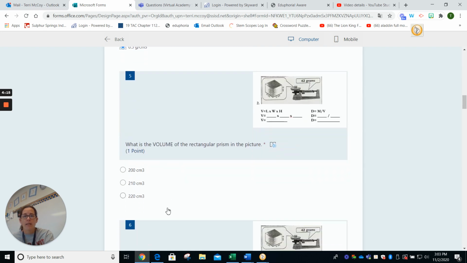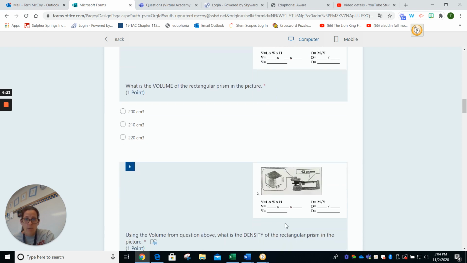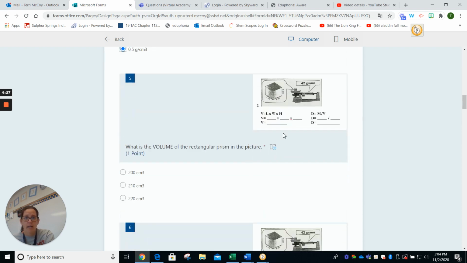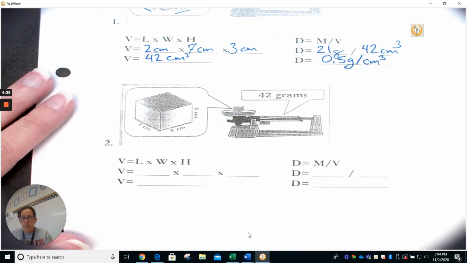Let's go ahead and do the next set together. So you see our picture right here. See how we've got number 2 right there? Number 6, we're finding the density of number 2. We're just 2 steps for each of these, okay? So this is what is the volume of the rectangular prism in the picture. So let's pull our paper back up here, okay?